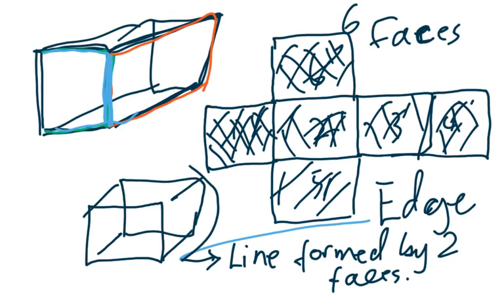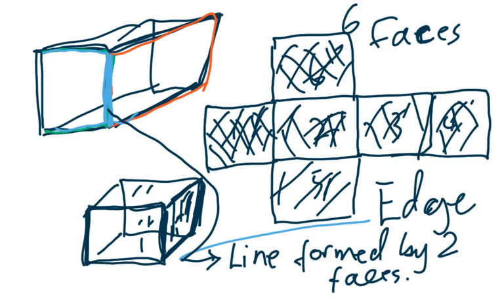Like we have seen, there is an edge. So all these are various edges. And you would see that each edge is really formed by, that one is formed by that face and that face. This edge is formed by that face and that face. So all these edges are lines. You can see they are straight lines that are formed by the faces.